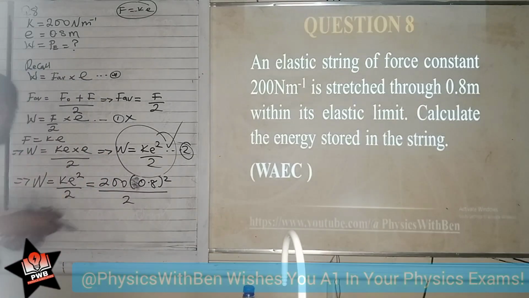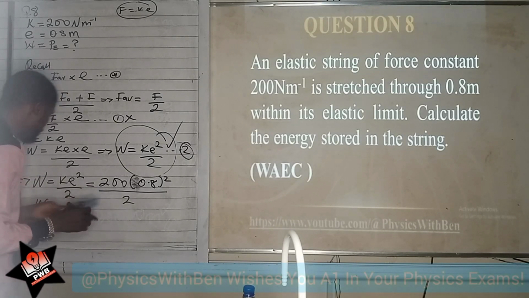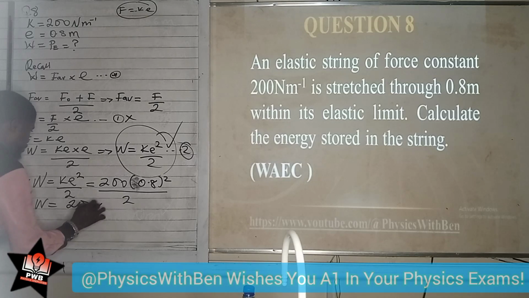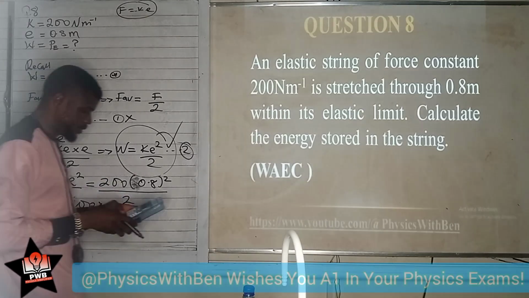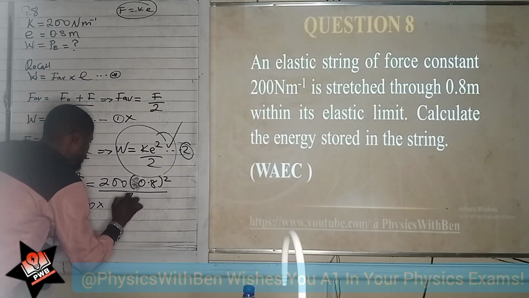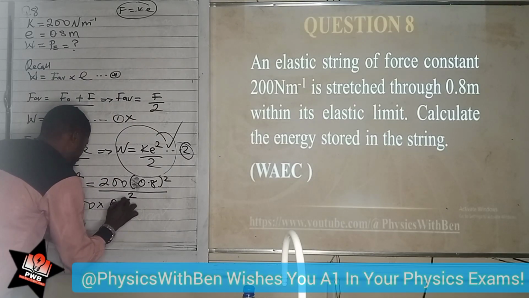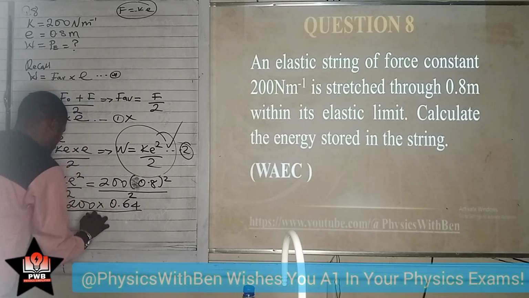If we do that correctly, 0.8 squared gives us 0.64, divided by 2.